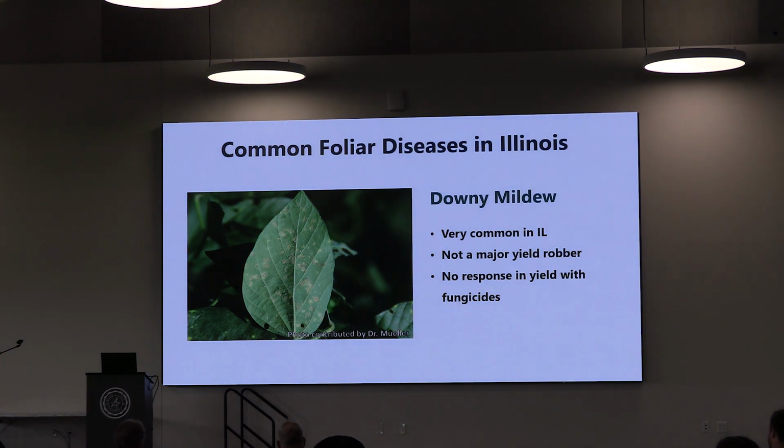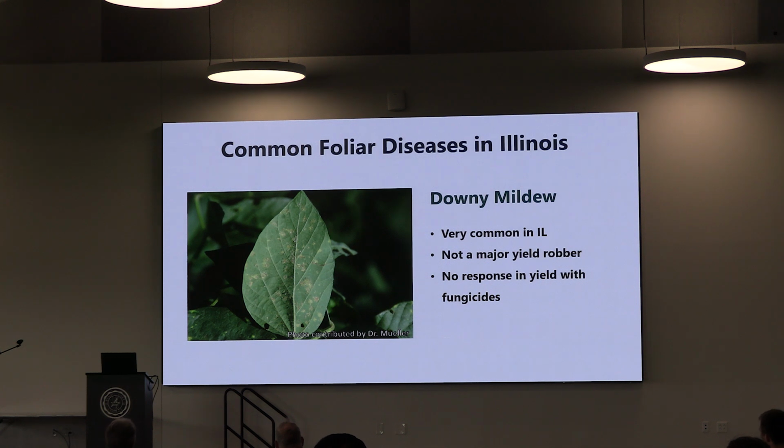If you look at the upper part of the leaves, you will see only chlorotic lesions. But if you look at the downside of the leaves, you will see this very characteristic silver tuft that are the spores of the pathogen, and this is why it's called downy mildew.